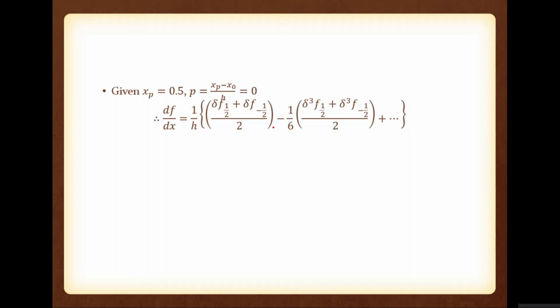We have p, so that term will become 0. Then the next term is (3p² − 1) divided by 6. So as p equal to 0, it will become minus 1 by 6. So minus 1 by 6 into (θ³f1/2 + θ³f−1/2) divided by 2 plus etc.